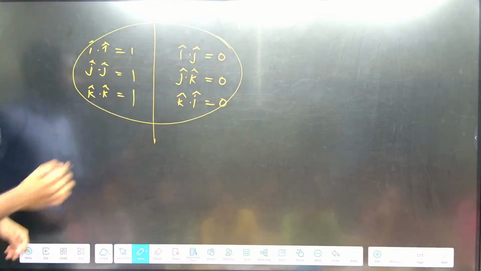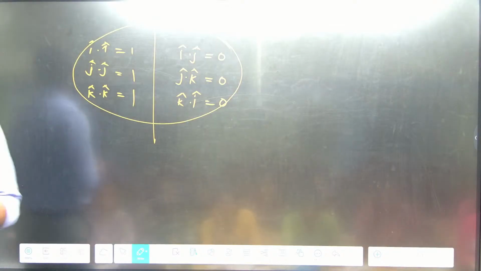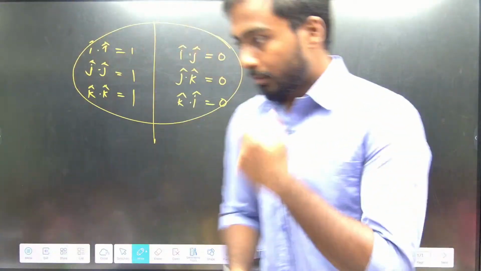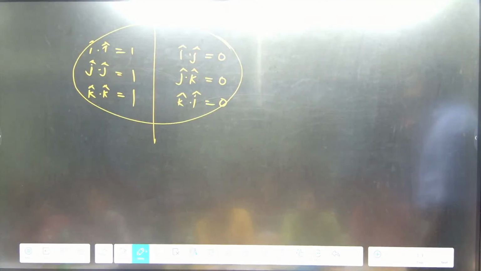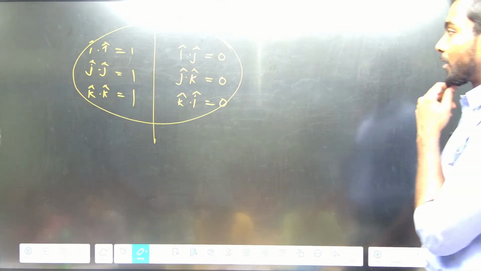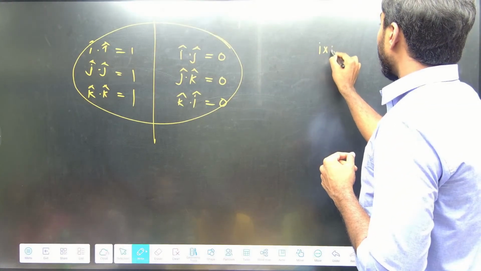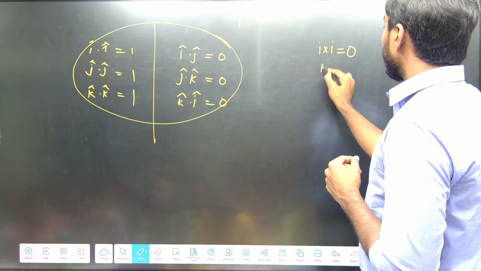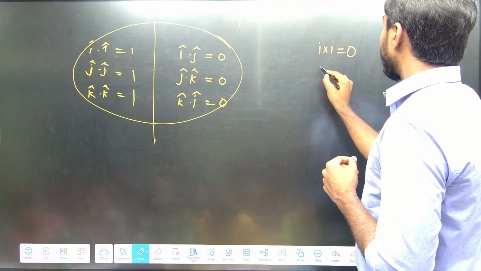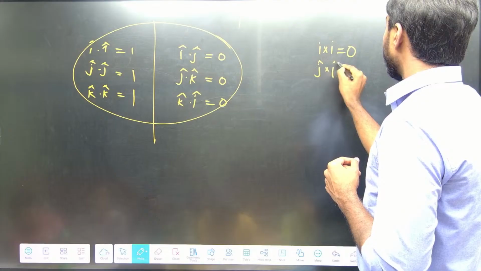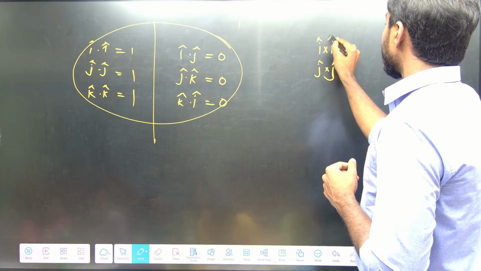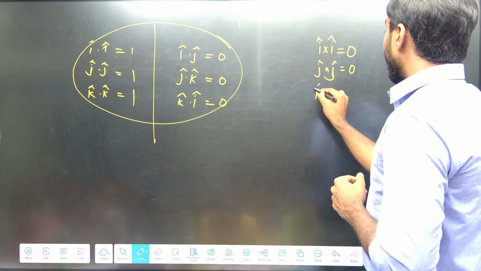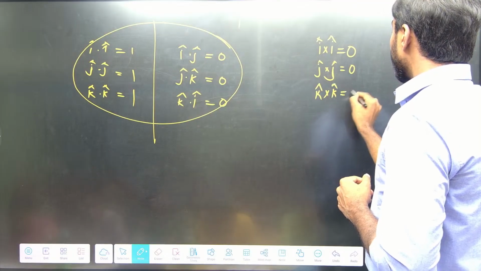So this is for dot or scalar product. For a cross product, i cross i will be 0, j cross j will be 0, k cross k will be 0.